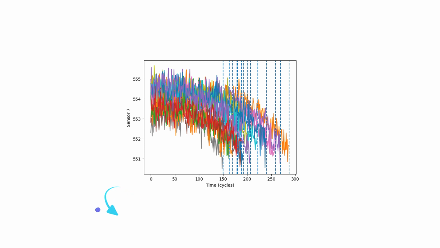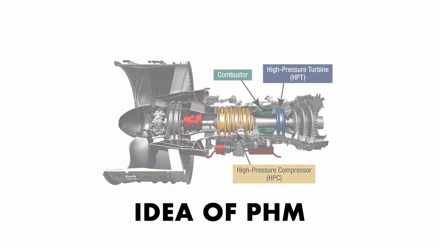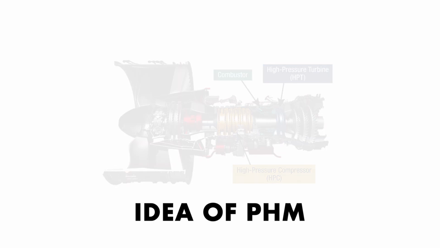You have never seen graphs like this, right? At least until now. This graph is beautiful in a certain sense because it shows the evolution of condition monitoring signals, like the temperature of the high pressure compressor of an engine, or the vibration of another element of the engine.